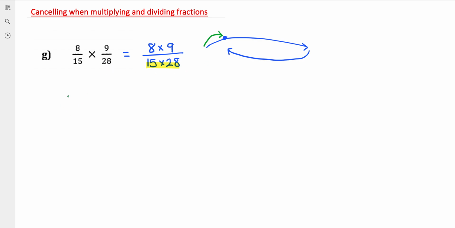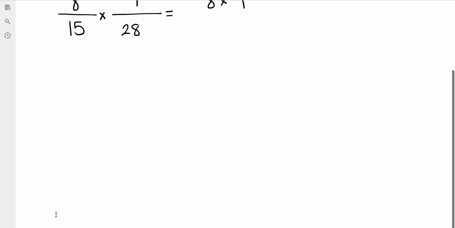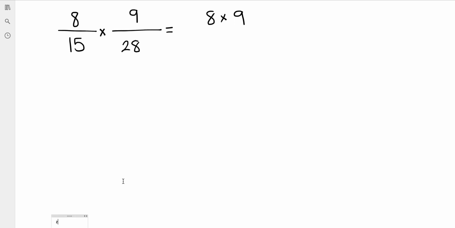So let me explain here how it works. I'm going to write it here, bigger, 8 over 15 times 9 over 28. Because I have this, I know that this is equal to 8 times 9 over 15 times 28.